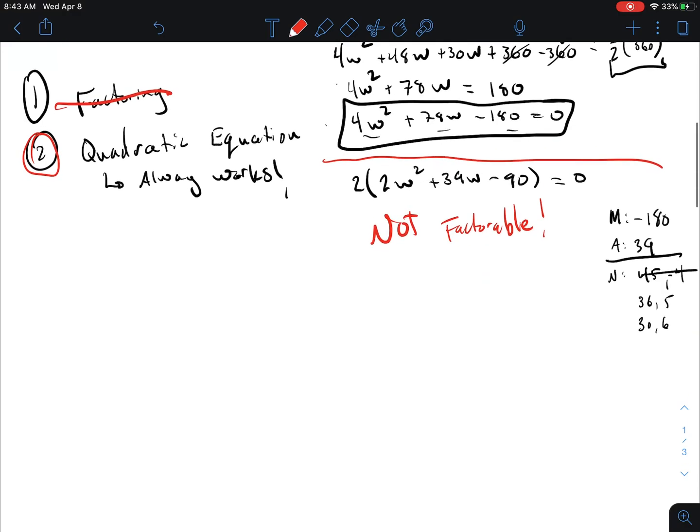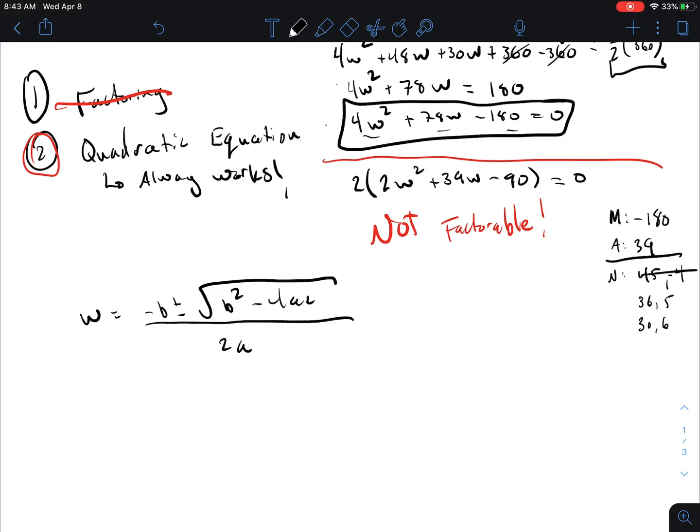Okay. So that's not bad. We'll do it quickly here, right? W is equal to negative b plus or minus the square root of b squared minus 4ac, all divided by 2a, right? And you're just going to plug in the variables that you see, or the coefficients.